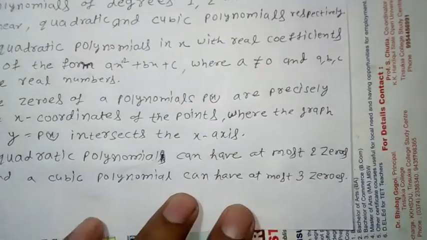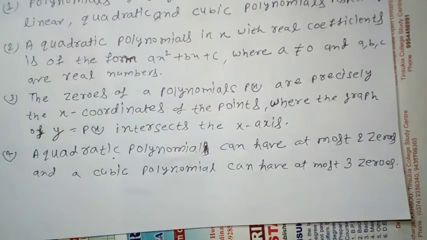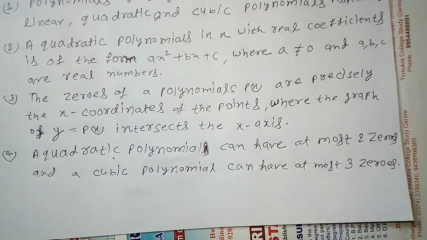Same thing, a linear polynomial has at most 1 zero.